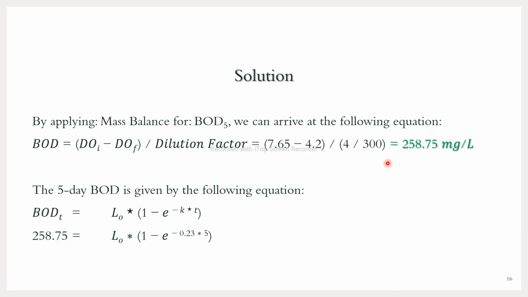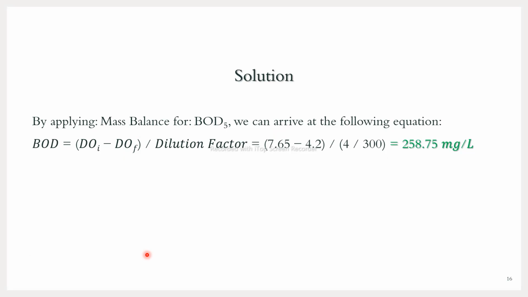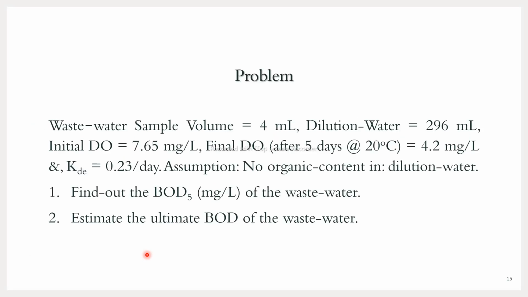After T days, this is your BOD. That is given, so L0 is being asked. That is the initial BOD, or initial dissolved oxygen, whatever. Yes, the initial dissolved oxygen is the ultimate BOD of the wastewater.